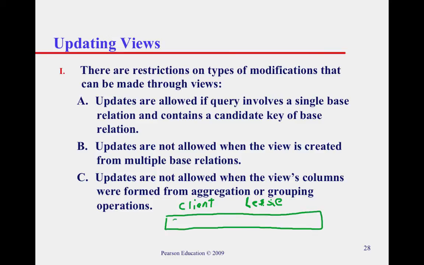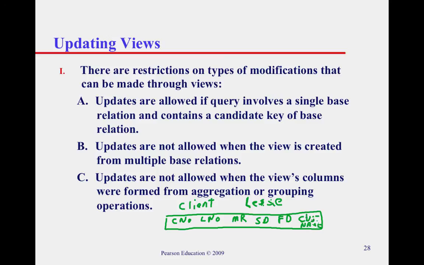So maybe we have client number, lease number, some information like the current monthly rent, which I'll abbreviate MR, the start date, the final date. Maybe we have, say, the customer name.